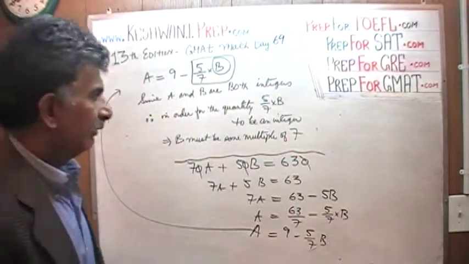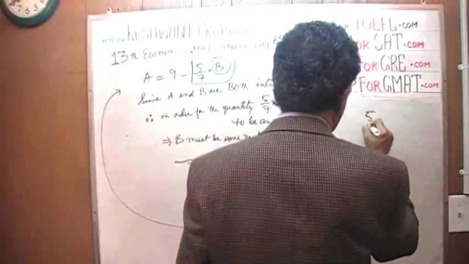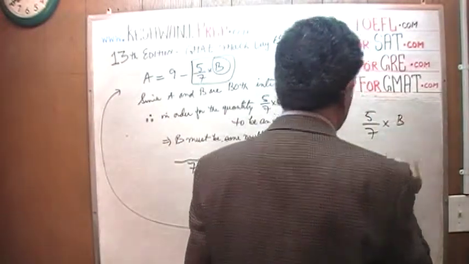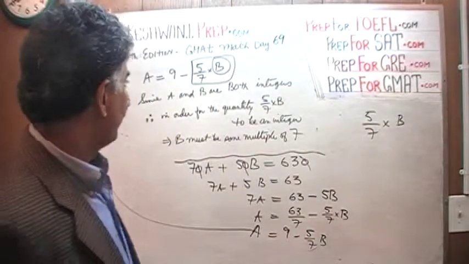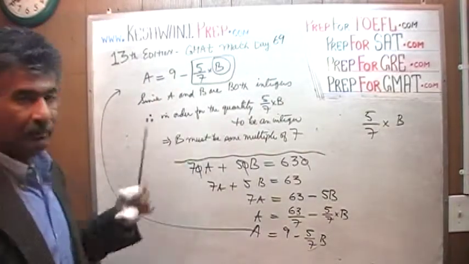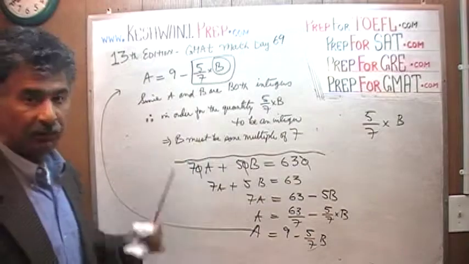B has to be some multiple of 7 because this quantity 5/7 times B has to be an integer, because that's how many apples we are buying. That represents the apples. 9 minus that amount. 9 is an integer. This has to be an integer.